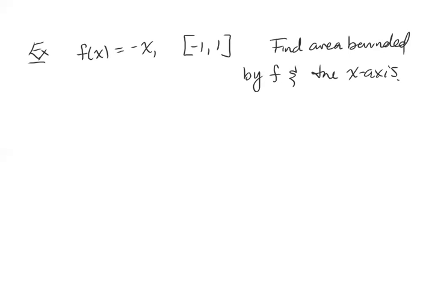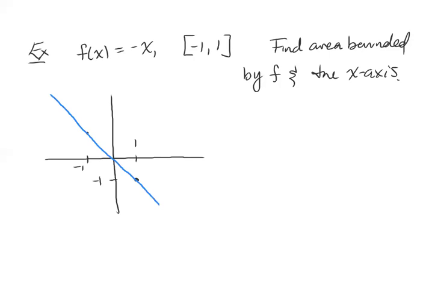So I'm going to draw a picture of what I have. F of x is equal to negative x. If x is 1, y is negative 1. If x is negative 1, y is 1. So this is my function. That's f.